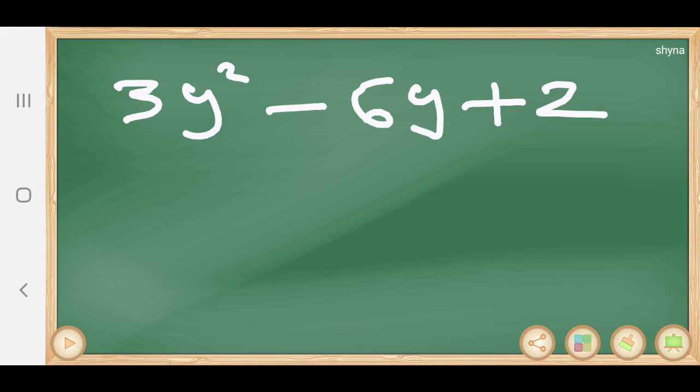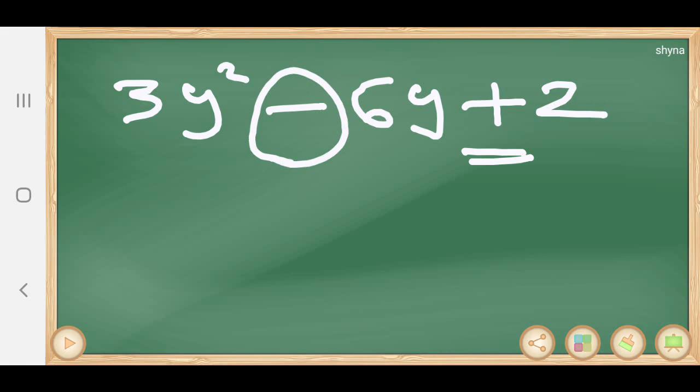Terms of 3y square minus 6y plus 2. What are the terms? I've already told that the plus symbol determines the terms. Here one plus symbol you can see. Then what about this minus symbol, dear children?